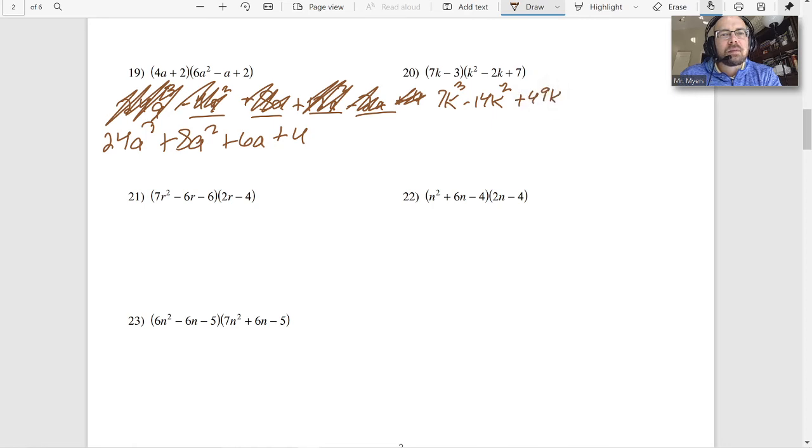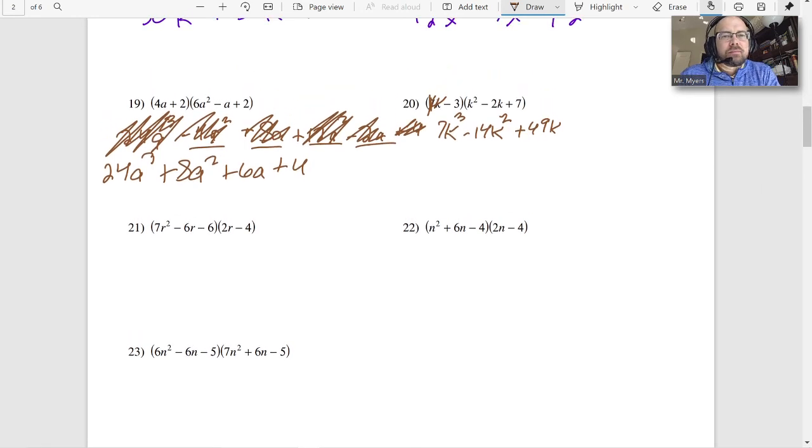Okay. Now we're done distributing the 7k, so I can get rid of that too if I want. Then I'm going to distribute the minus 3. So I'm going to move this down a little bit. Minus 3k squared and plus 6k, minus 3 times minus 2, and then minus 21.